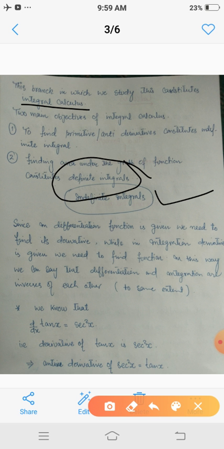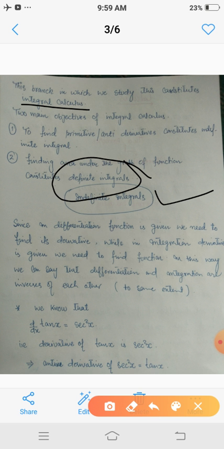Since in differentiation the function is given and we need to find its derivative, while in integration, that is in indefinite integration, the derivative is given, and we need to find a function such that the given function is the derivative of the function which we find.